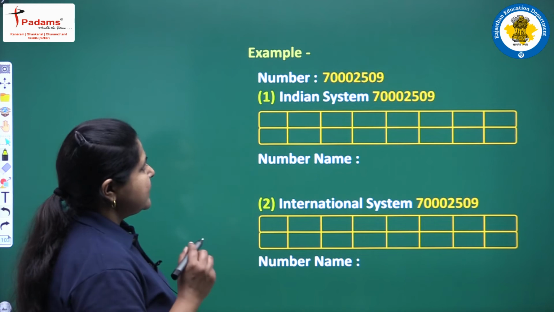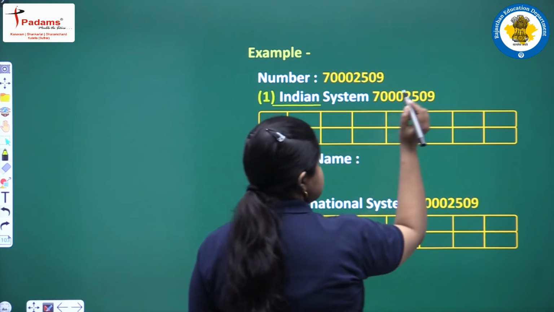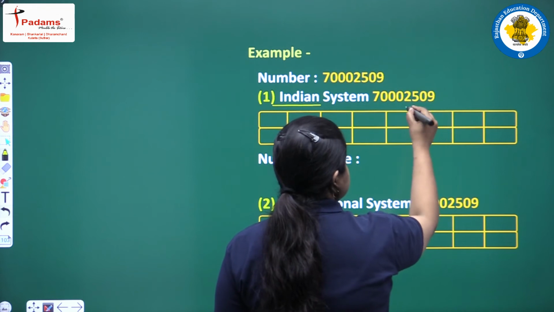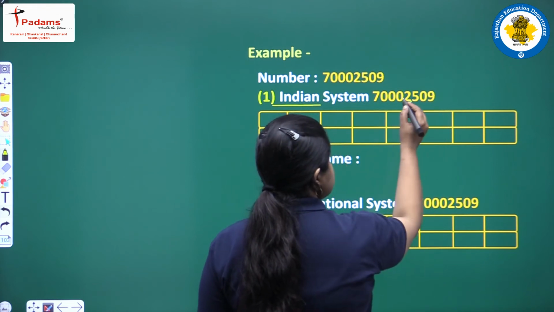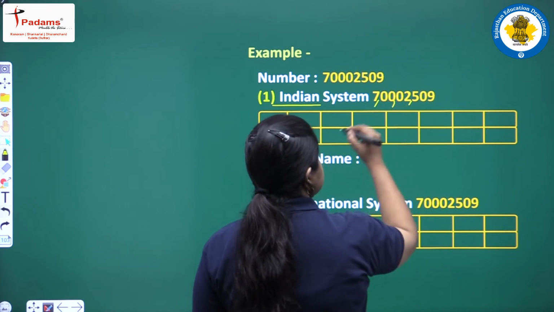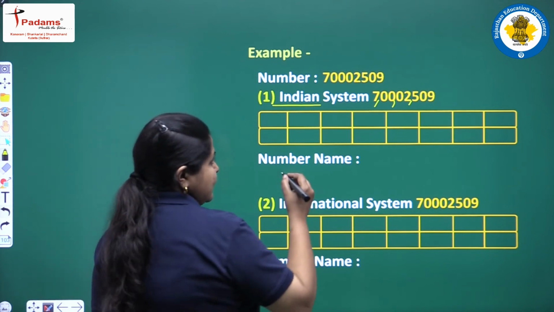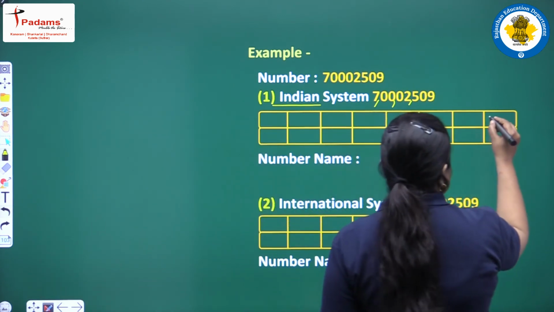This is the number. Now according to Indian system, we will first mark up the commas. Ones, tens, hundreds, the first comma, 1000, 10,000, the second comma, lakh, 10 lakh, the third comma. So there are 3 commas. Let us write the place values.